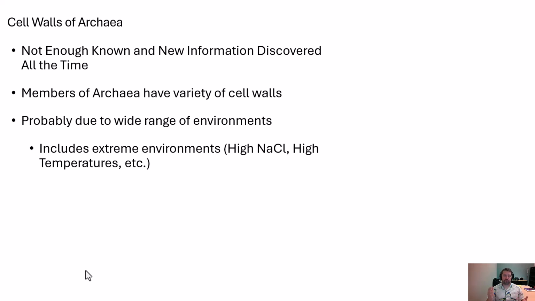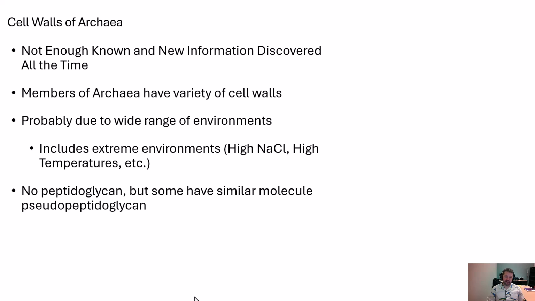Also, remember when we originally introduced the cytoplasmic membrane, the connection between the phosphate and the fatty acid tail, that glycerol connection is different in archaea. But again, with more time, there will be more information discovered. We'll have better names for all the different varieties of the cell walls that we see.